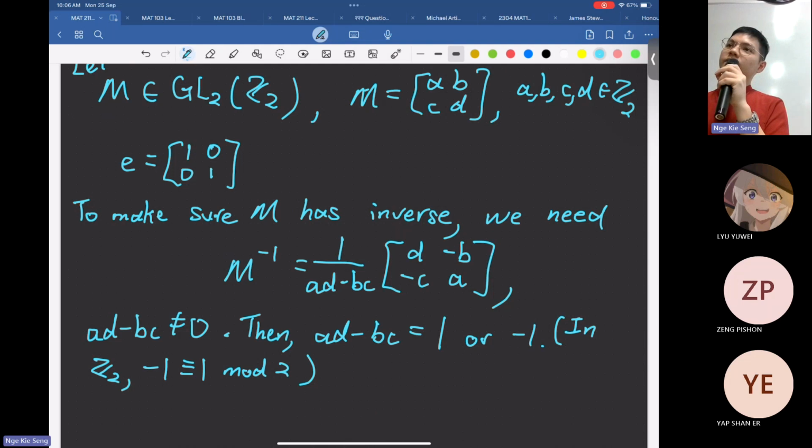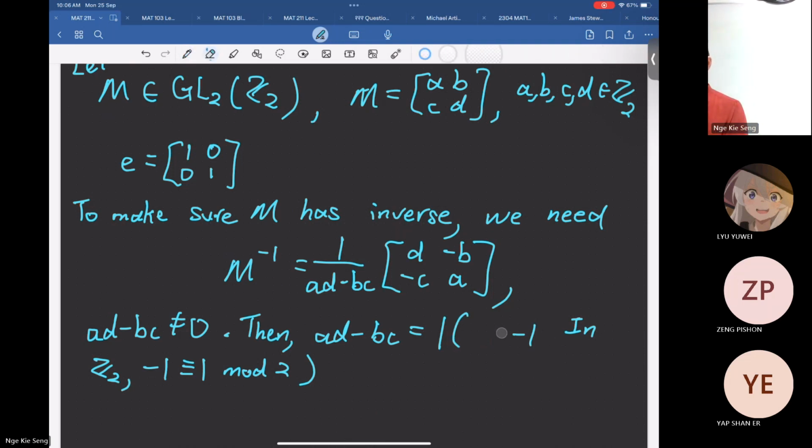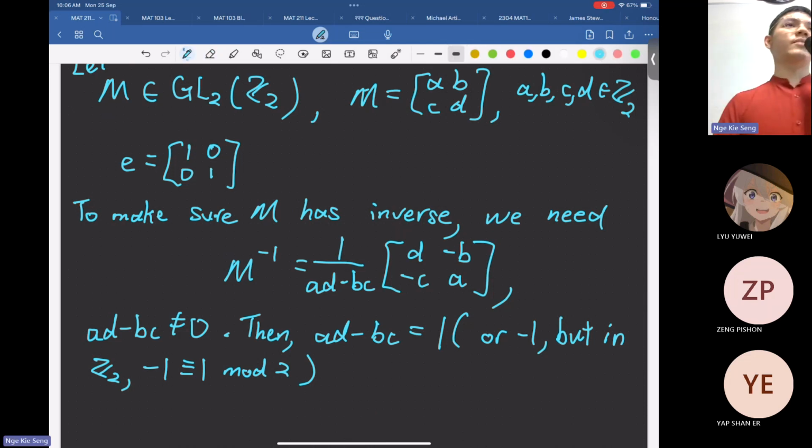Is it okay? Minus 1 and 1 are the same in Z2. We only care about Z2 entries.